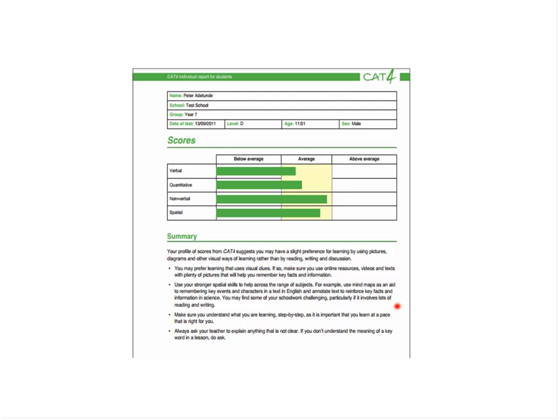So it can be very insightful for the learner. The parent report is more focused on how the parent can actually help their son or daughter at home. So that might be with homework, but also an awareness of, again, understanding the way that their son or daughter learns.